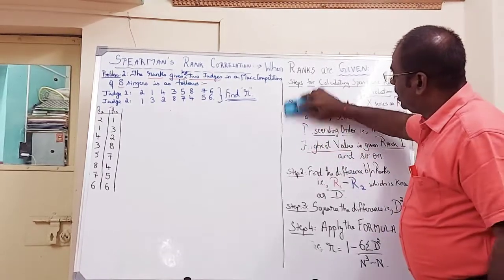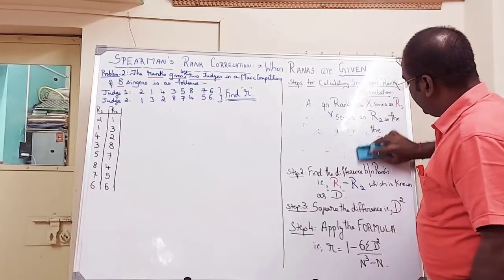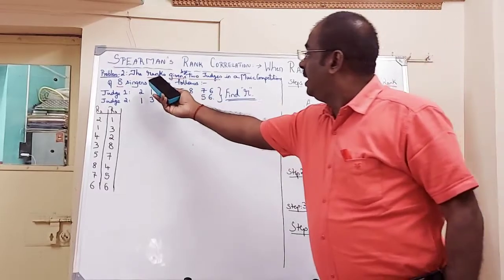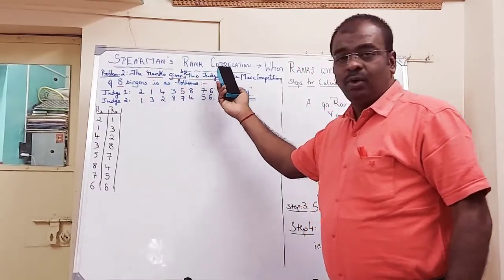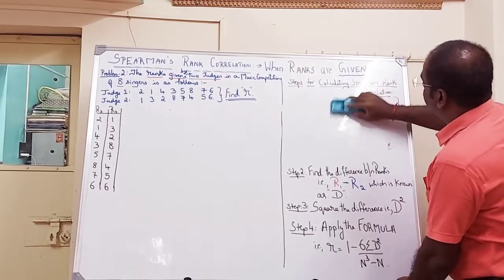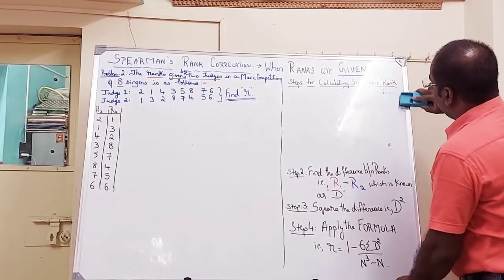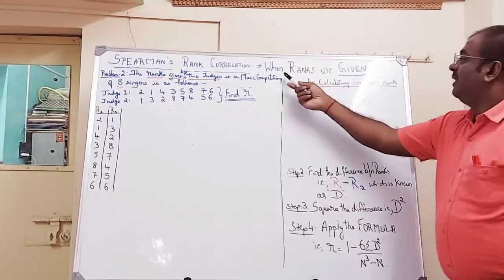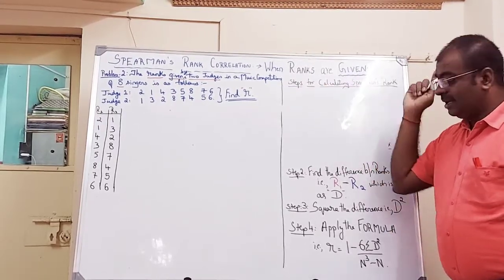Here we do not have to calculate step 1, because the ranks are already given by the 2 judges. When the ranks are given by the judges, we need not calculate the ranks again. That is why it says when ranks are already given.